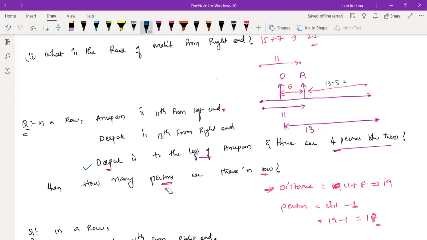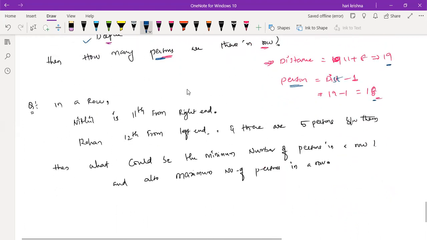Total is 13, 13 minus 5, that is 8. So if you want total distance, 11 plus 8 only, right? Total line from left to right. 11 plus 8 is equal to 19. So total distance is 19. But we want only the persons. So persons is equal to distance -1. That is 18. Now it is clear. Yes, sir.